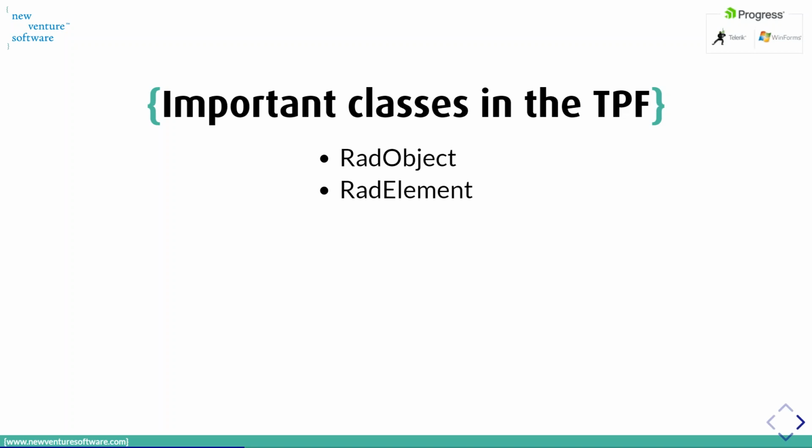You see it in many places in today's training and in your day-to-day development in WinForms. So that's a key class that represents the smallest unit in a RAT control that can be painted or laid out on the screen. So RAT element is the base class for all elements that take advantage of TPF features like property inheritance, layout, and styling. And RAT element implements a tree-like structure of RAT objects, property value inheritance, and automatic layout and display validation based on the options of the property metadata of each RAT property.